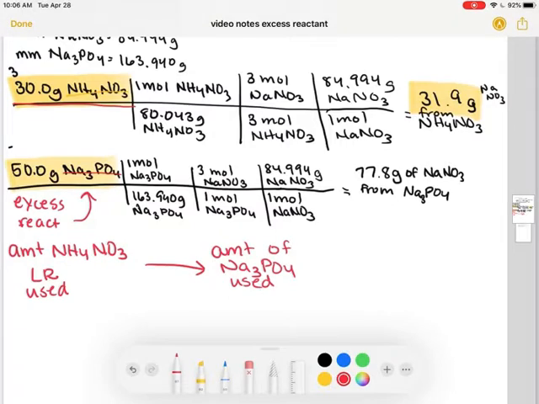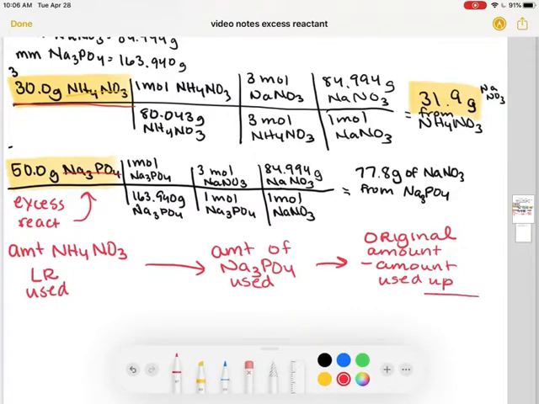Okay, so that's going to give us some amount. It's going to tell us how much of our original 50 grams is going to be used up. And from that, we can say our original amount given in the problem minus the amount used up is how much excess is left over.